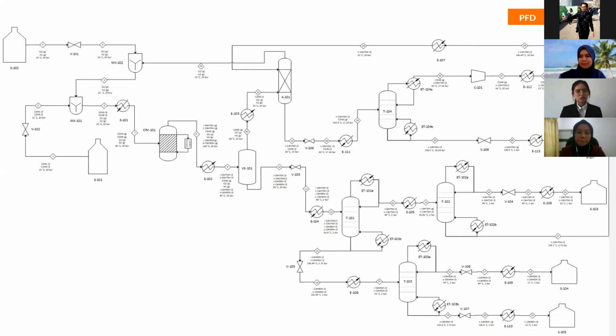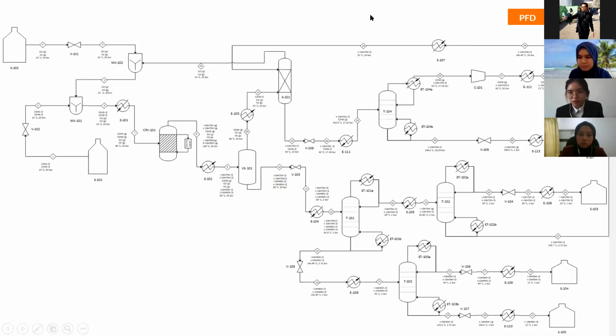Right. Yeah, just follow up with Dr. Hajar's question, right? If you look at your stream 27, how do you decide why one goes to storage, while the other one you want to recycle back? You know what I'm saying?